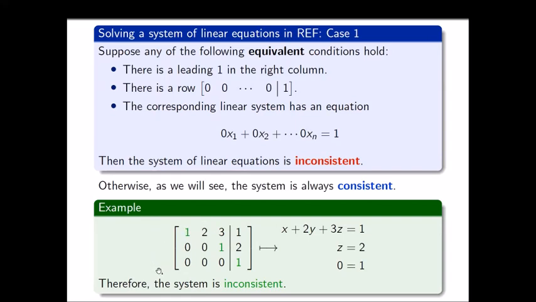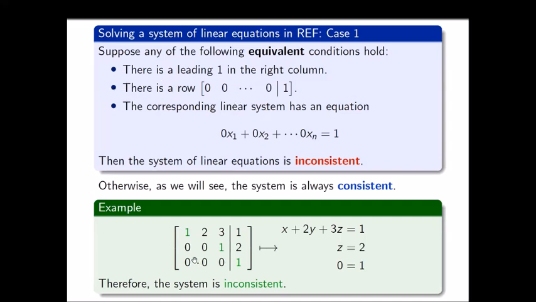So this is an augmented matrix, and we see that there is a row of the form 0, 0, 0, and then 1 in the right column. So it is exactly what the second condition says.